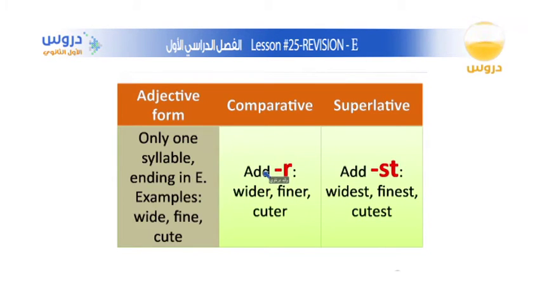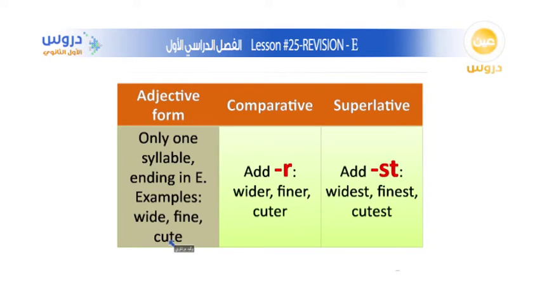Alright, for the adjective form of only one syllable with more than one vowel or more than one consonant at the end. For example, you've got light, neat, and fast. In the comparative adjective form, when comparing between two things, you've got to add ER to the adjective.